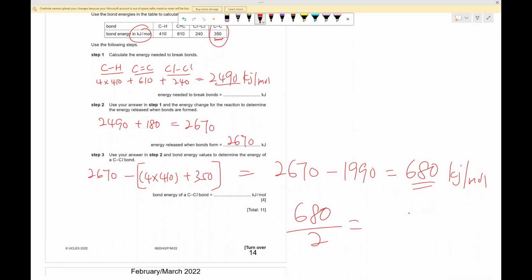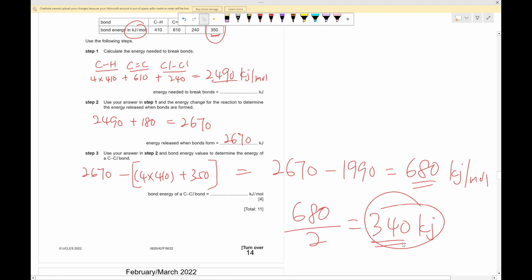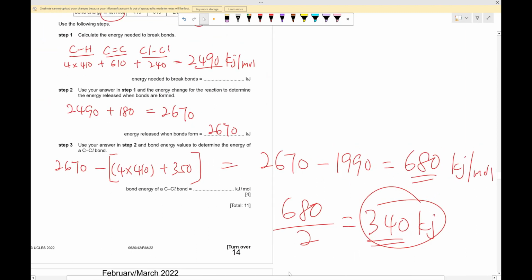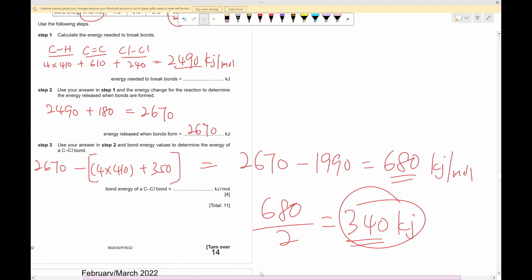The answer should be 340. So this is the final answer, because the 680 is for 2 bonds of carbon and chloride. This question in total is 4 marks.